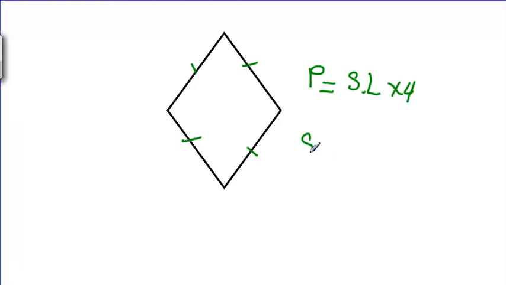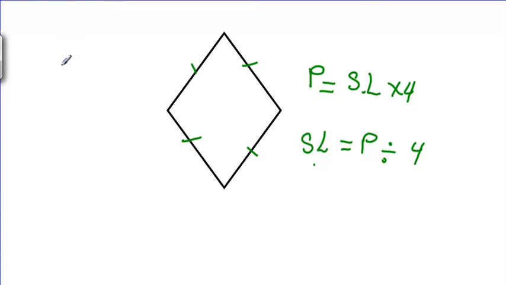And if you want to get the side length, it will be equal to perimeter divided by 4. It's like the square. The perimeter equals side length times 4, and the side length equals perimeter divided by 4.